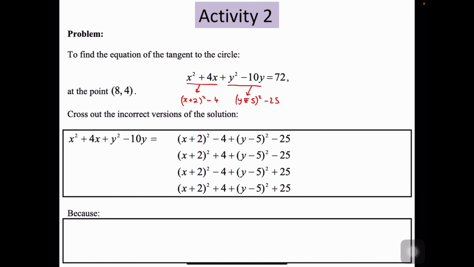So cross out the incorrect versions. This has a plus 4, this is a plus 4, let's cross these two out.